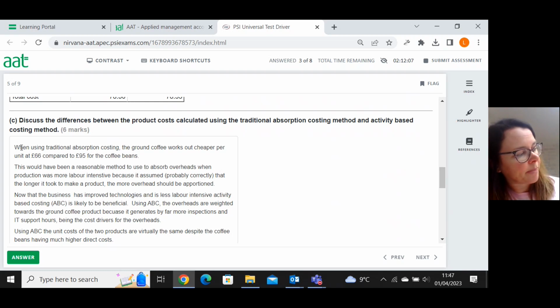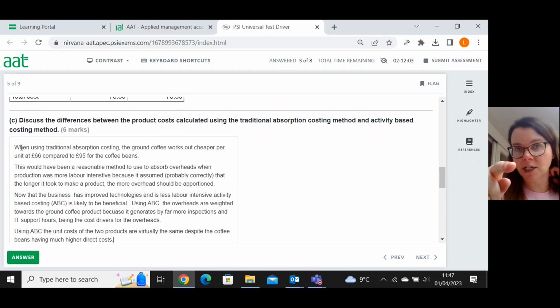It also says their own figure rule. So if you went wrong with your calculations, but then you talked correctly about your wrong calculations, you would still get credit in the written part of this task. And then it says, to get 5 or 6 marks, the response presents a full discussion of the differences between the product costs, demonstrating a thorough understanding of how the 2 different costing methods affect the outcome.